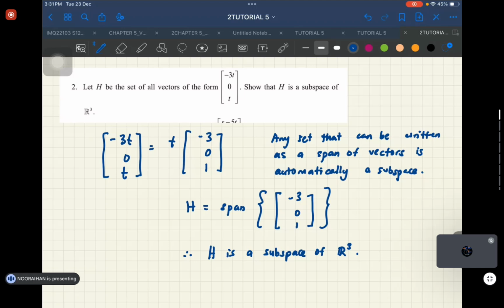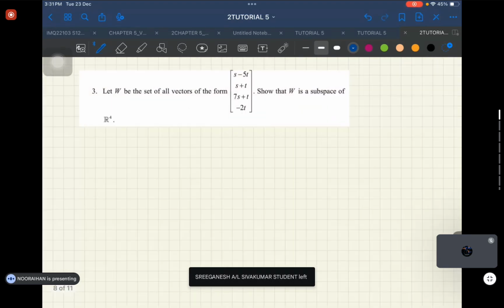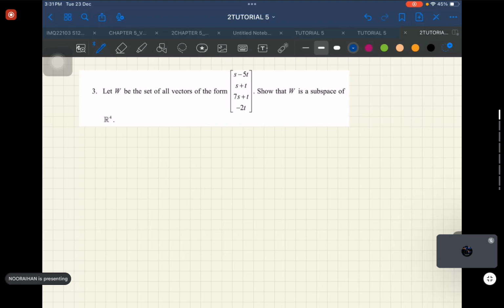Now look at number 3. Now you have two terms, S and T. Let's separate the terms with S and T. Given this W, do it step by step. W is equal to (S minus 5T, S plus T, 7S plus T, negative 2T).